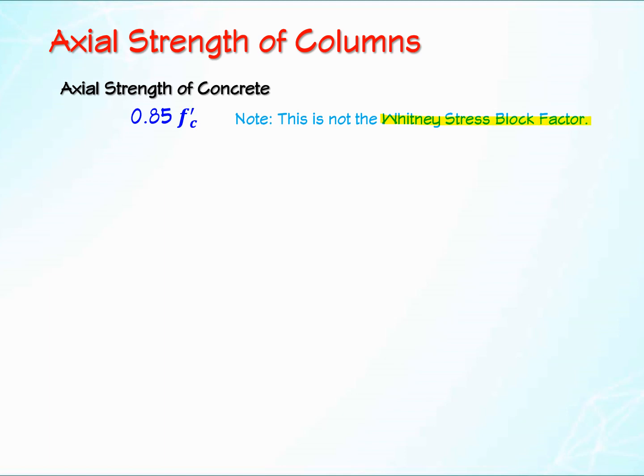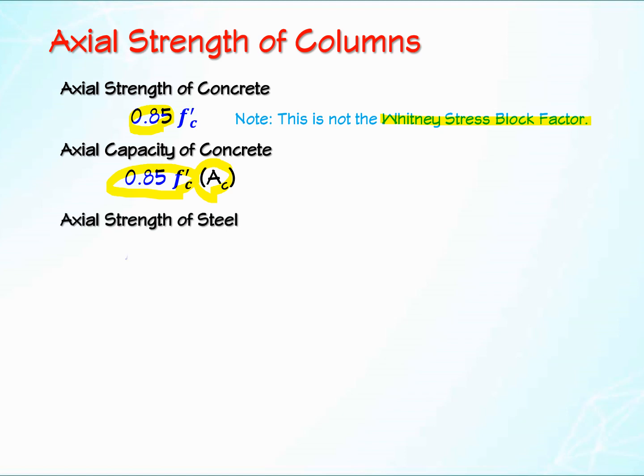The number is the same. So anyway, it's 0.85 f'c, axial strength of concrete. Axial capacity of concrete will be concrete strength or stress times area. This will give you axial force or axial capacity of concrete.